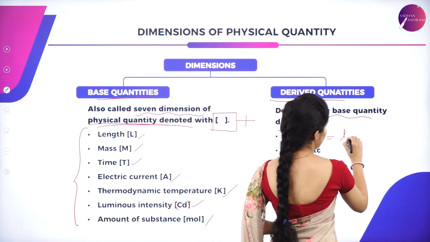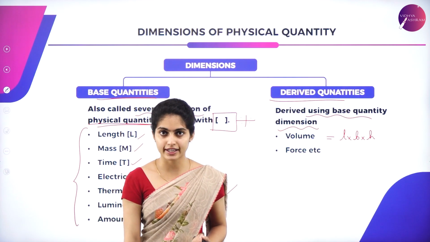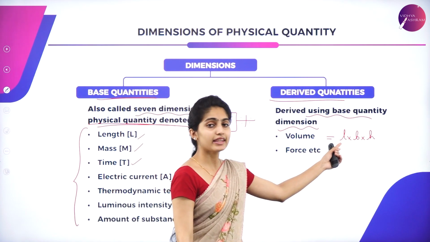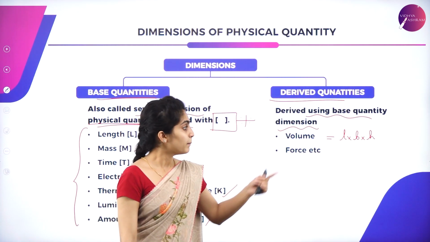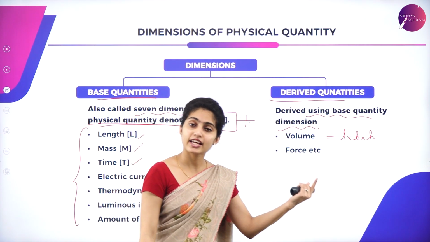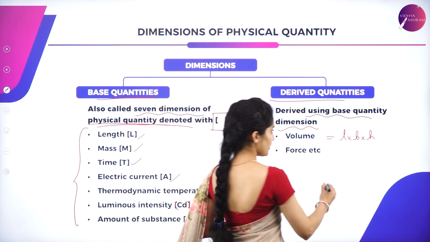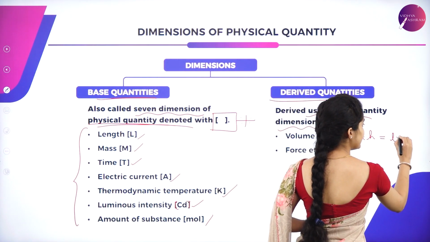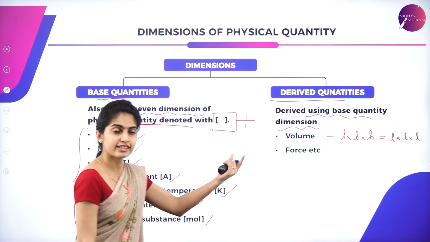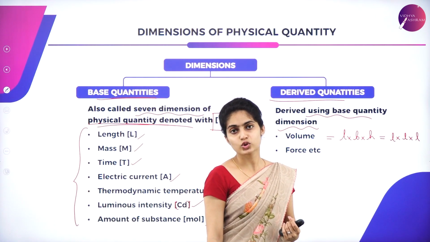Length is determined by L. Breadth is also a measurement of length, so it is again L, and height is also a measurement of length, that is L. So I can write this as L into L into L. The dimension of length is capital letter L enclosed within the square bracket.